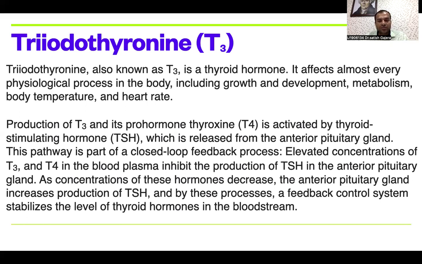As concentrations of these hormones decrease, the anterior pituitary gland increases the production of TSH, and by these processes, a feedback control system stabilizes the level of thyroid hormones in the bloodstream.